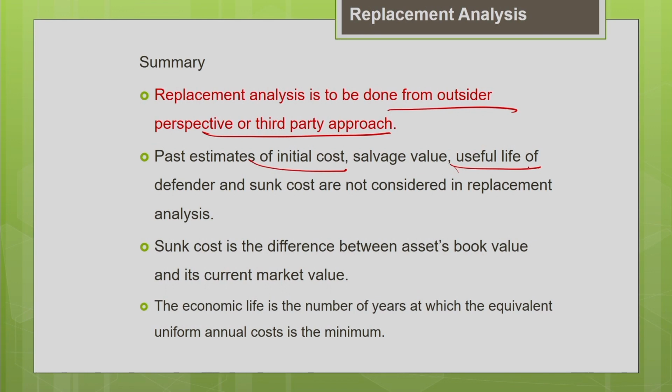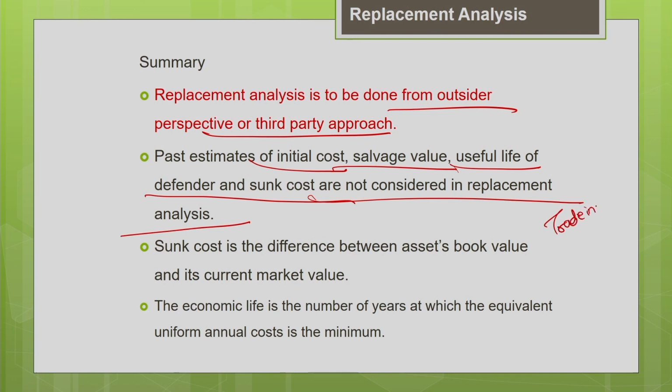So, all your past estimates of your initial cost, your estimate of useful life, the earlier estimates of salvage value of the defender and the sunk cost are all irrelevant in the replacement analysis. They should not be considered. You are supposed to consider only the current trade-in value of your current asset. That is only important for an outsider.